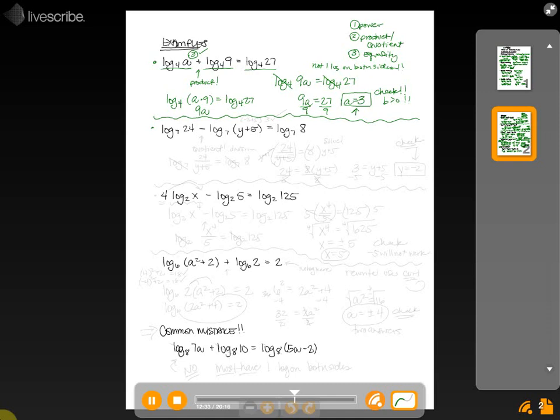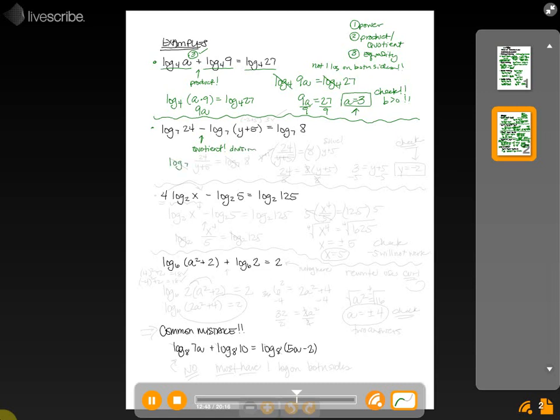Step 2 is to check for the product or the quotient property. Well, the sign here in the middle is a minus sign, which tells us it's going to be the quotient property. Quotient means we're going to use division, so we're going to rewrite it.